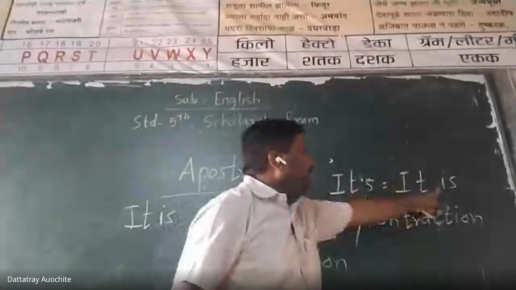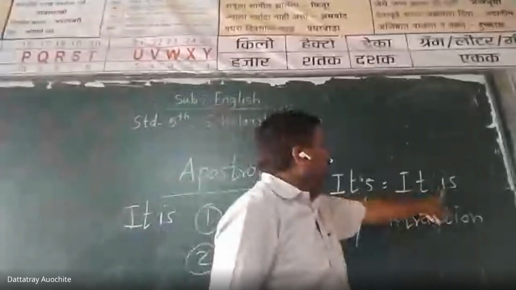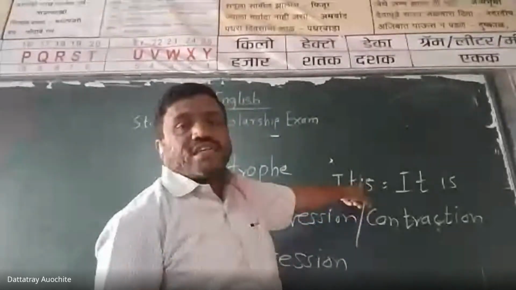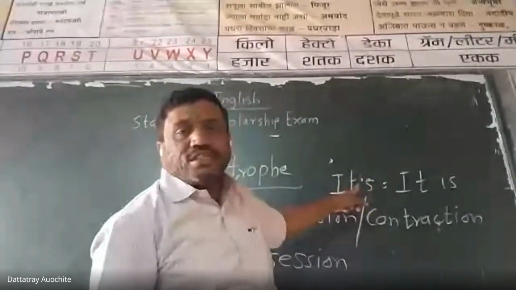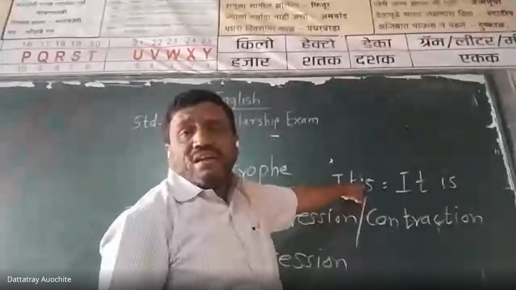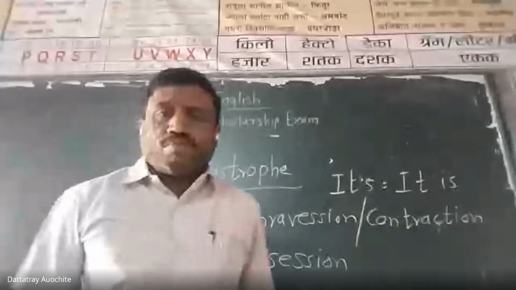We omit the "i" here, and whenever such an omission happens for abbreviation, we should add an apostrophe mark.